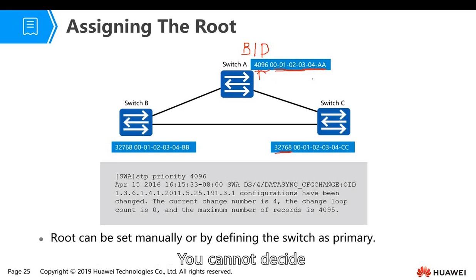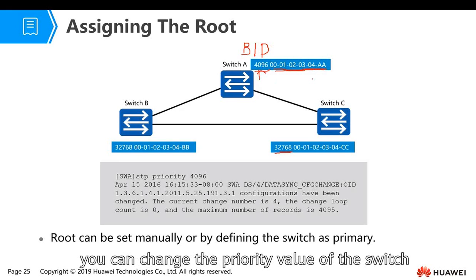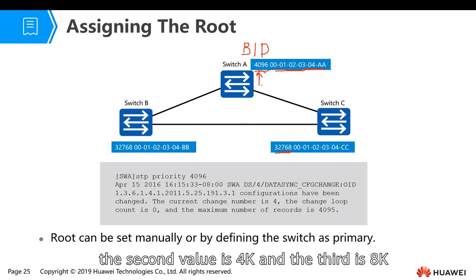So where is the root? You cannot decide. If you want to decide who is the root, you can change the priority value of the switch. We have already discussed that the step of the priority value is 4 kilo. The smallest one is 0, and then the second value is 4 kilo, the third is 8 kilo.